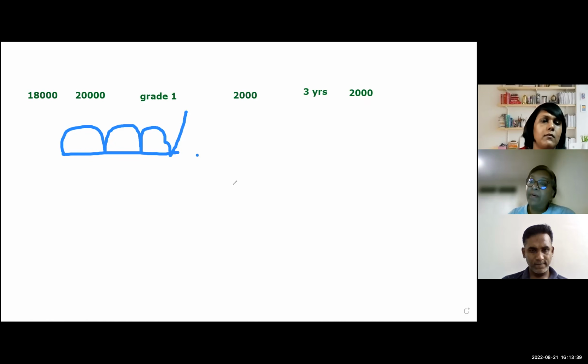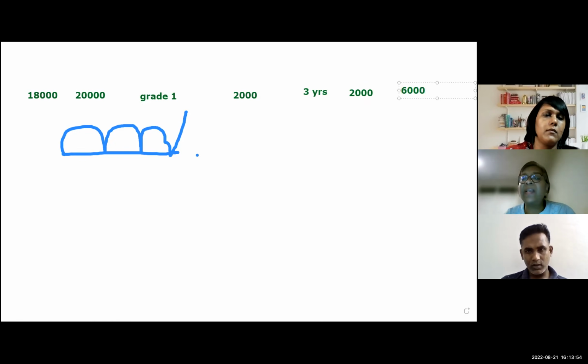Now, if I need to have him for 3 years on an average, then how many increments will he get? 3 increments, which will total to 6,000 rupees. Okay. Now, does my grade structure take that into consideration?